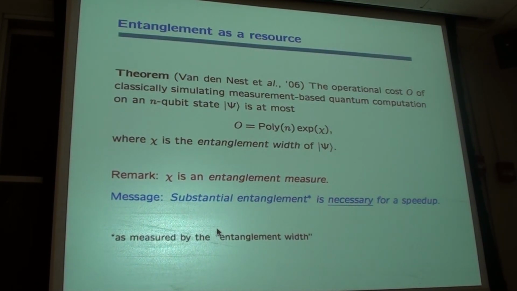What he finds with his collaborators is that the cost of the classical simulation is polynomial in the size of the state, but exponential in the entanglement contained in that state. This means I must have sizable entanglement, otherwise I cannot have computational power. If entanglement is small, the classical simulation cost is low, and there's not much computational power in the scheme.